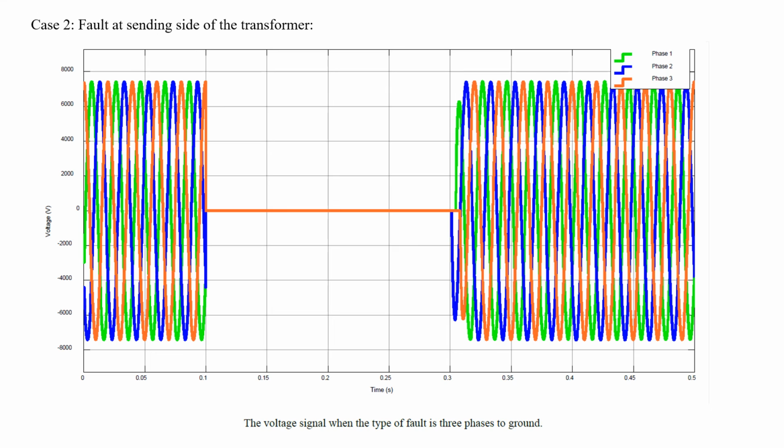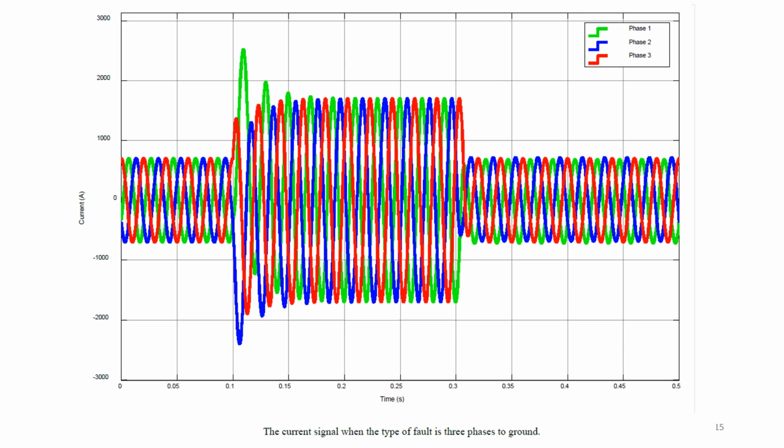So as you can see, there is a single line over all 3 phases as the fault appears in the system. More into the current diagram on the primary side. As you can see, when the faults appear, the phase currents go higher than the nominal current.